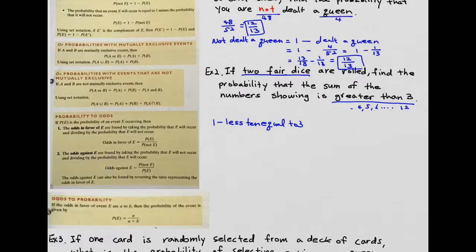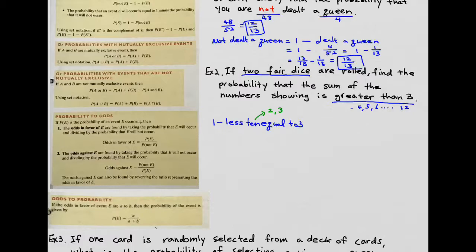For less than or equal to 3, you cannot get 0 when rolling 2 dice, and you cannot get 1. So it starts from 2. You're going to get either the probability of getting 2 or the probability of getting 3.